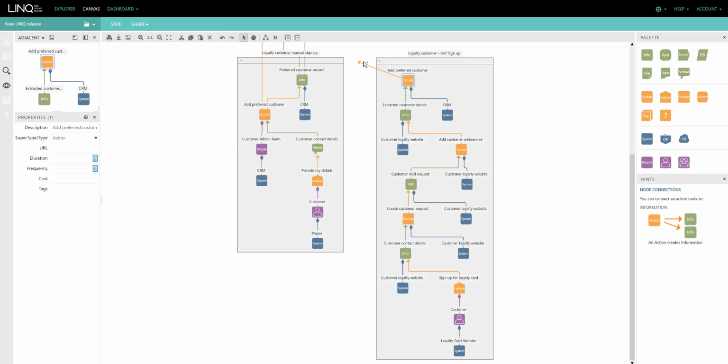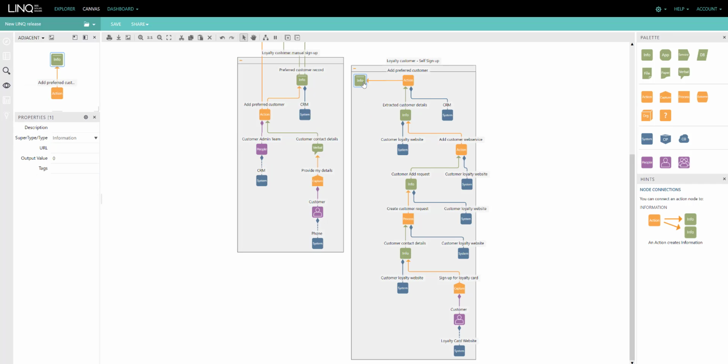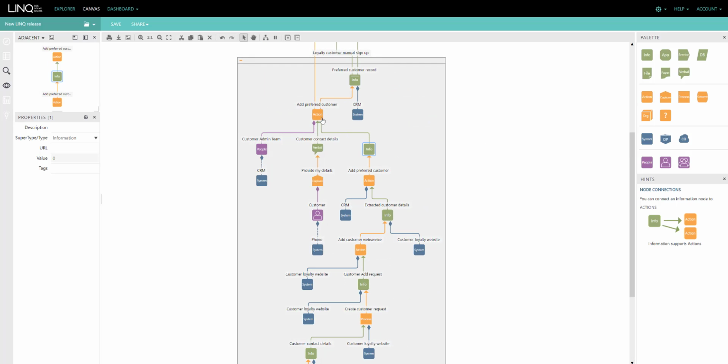But this inflexibility in our rule has meant that in order for me to fix this problem, I would have to create a piece of information and connect this information to action, because supply chains converge at action nodes. This means this piece of information, which may not exist inside my organization, means I'm no longer capturing the current state. I'm having to include something in my supply chain which doesn't really exist. And that's wrong.